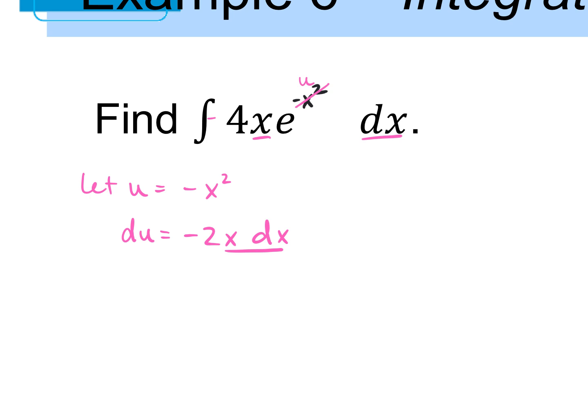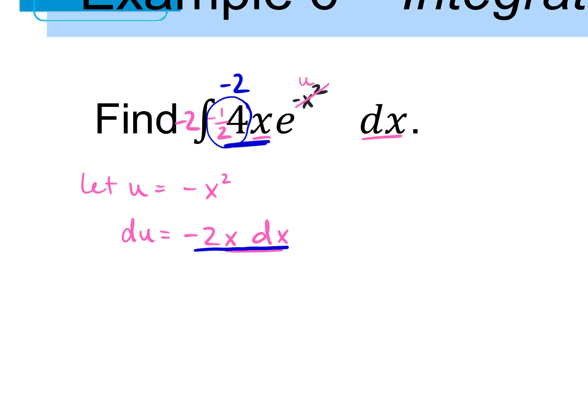So I'm going to divide it by 2, or multiply by negative 1/2. If I multiply by negative 1/2 on the inside, what else do I have to do? Multiply by negative 2 on the outside. Perfect. Because when we multiply by negative 1/2 on the inside here, this is changing the number here. 4 divided by negative 2 would be negative 2, which is exactly what we needed.